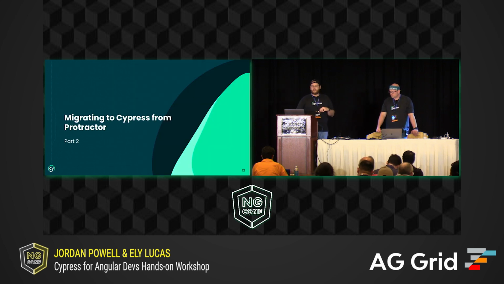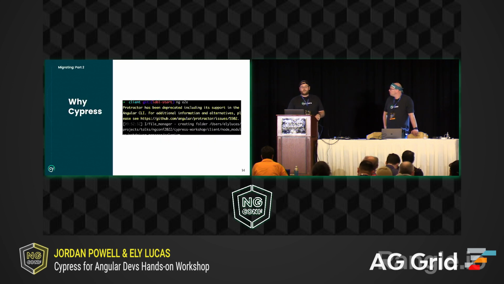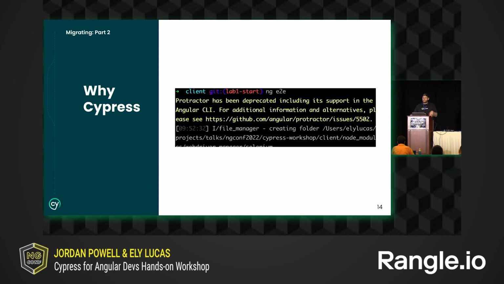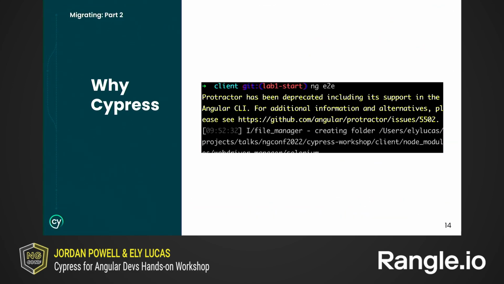So now to part 2, migrating to Cypress from Protractor. So why Cypress, right? Well, when you run Protractor, you get this little error that says Protractor has been deprecated. As of Angular 15, I believe, it's going to be deprecated, or it is deprecated, but the Angular team is no longer going to add support for this.